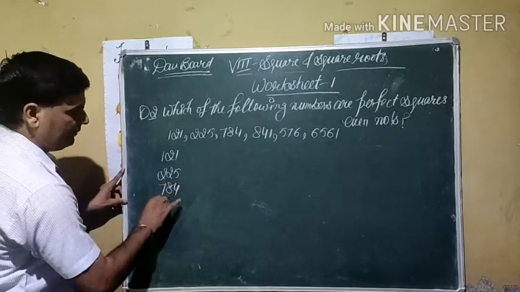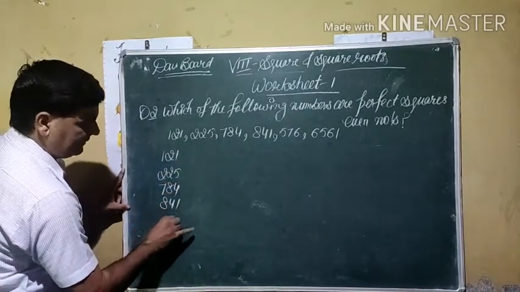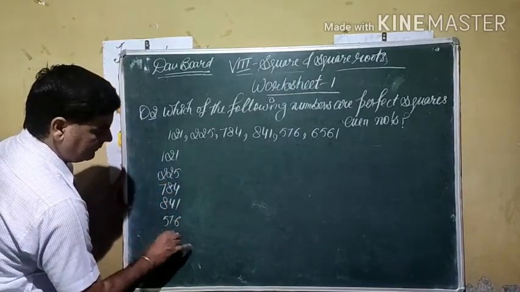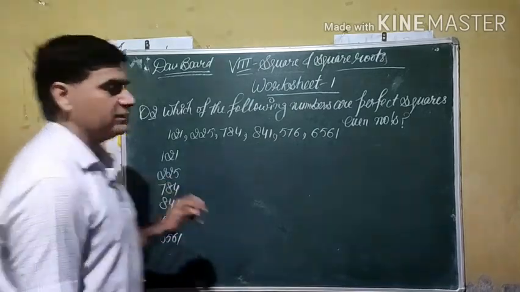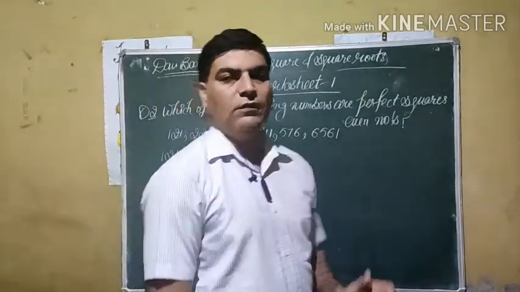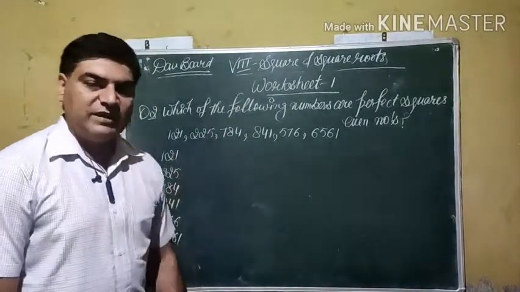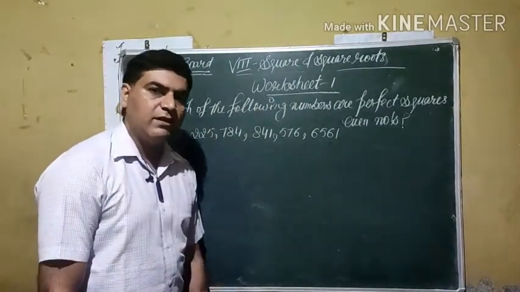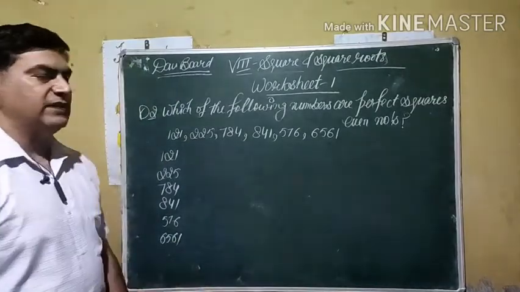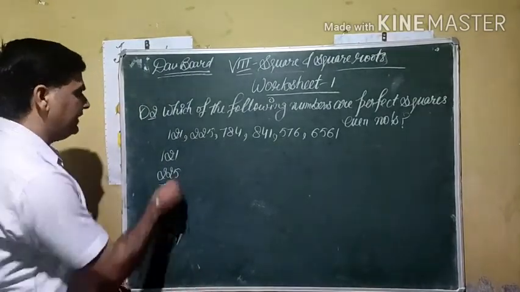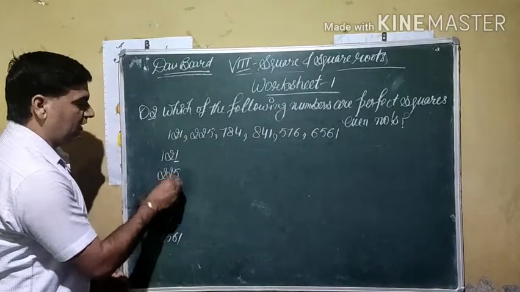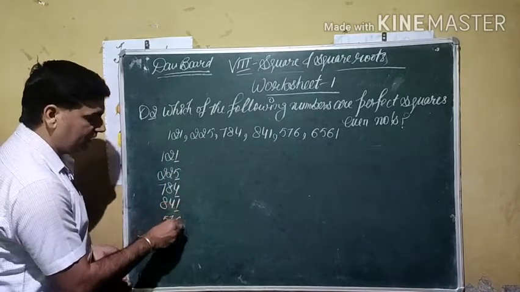784, 841, 576, 656, 1. As we have discussed in the basics of squares, the square of an even number is an even number and the square of an odd number is an odd number. So we check only by the unit digit of it.